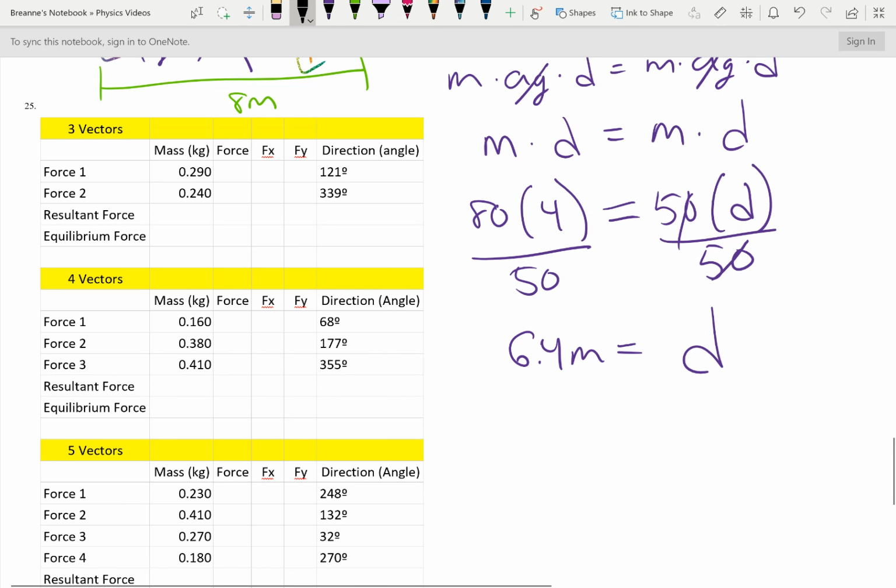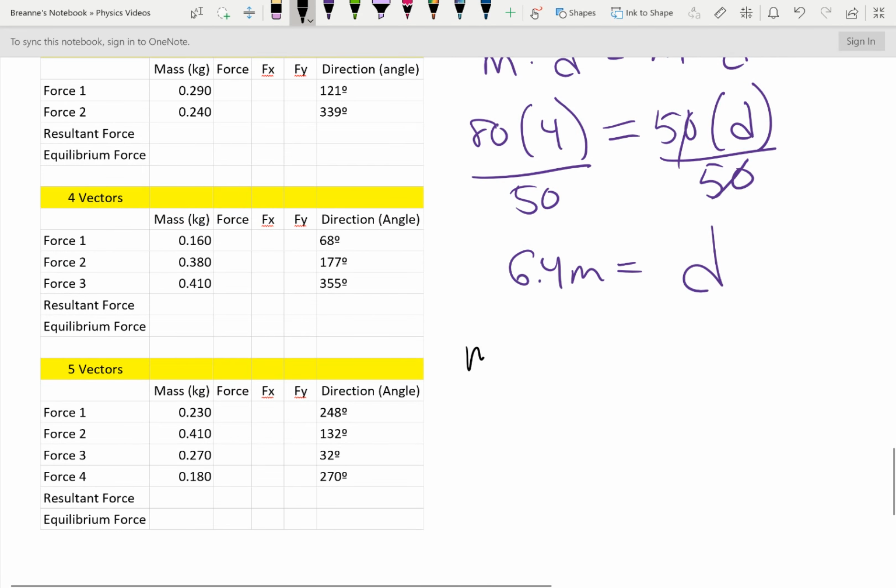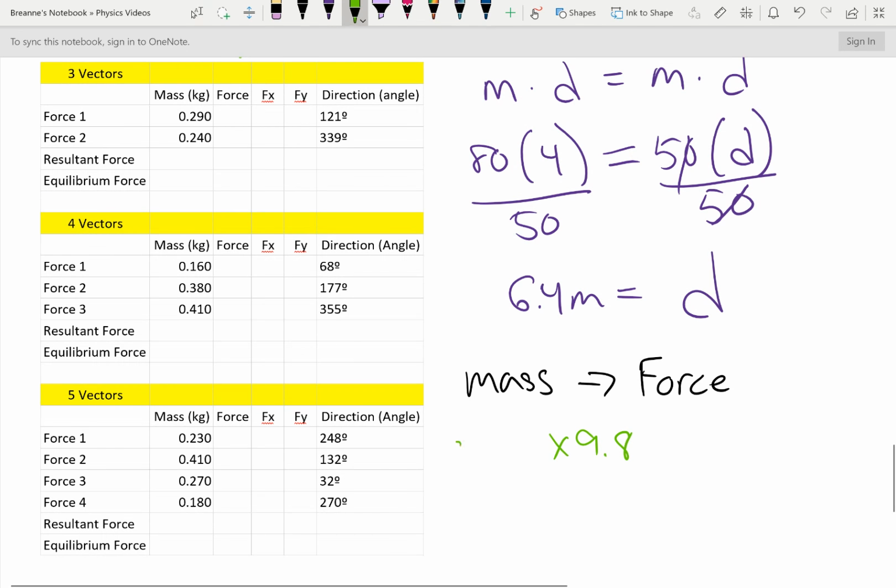And if we refer back to the steps that were at the beginning, the first thing you need to do is to get the mass to the force. And to do that, you're going to multiply. So to get from mass to force, you're going to multiply all your masses by 9.8. You have a mass of 0.29 and you have a mass of 0.24.